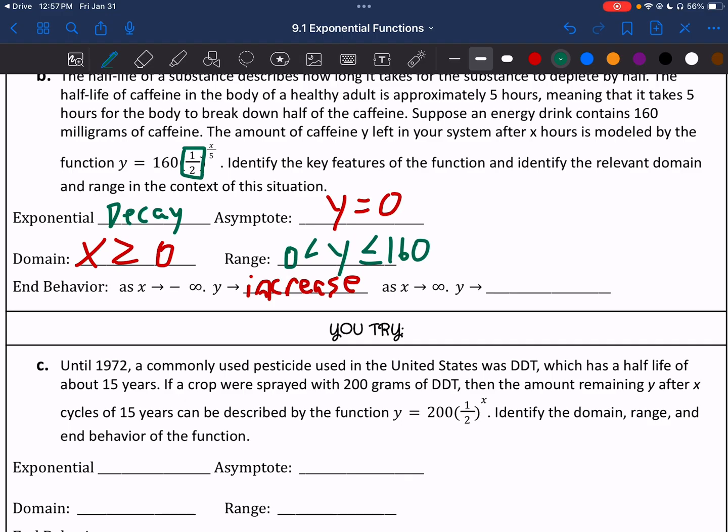Now, for the other half of it, it does act practically because when x approaches positive infinity, y is going to approach 0. Because every 5 hours that goes by, half of that caffeine is gone. So you divide by 2, divide by 2, divide by 2, divide by 2. And eventually you're talking about fractions of a milligram, and you get to a point where you can't even measure it. It becomes so small.